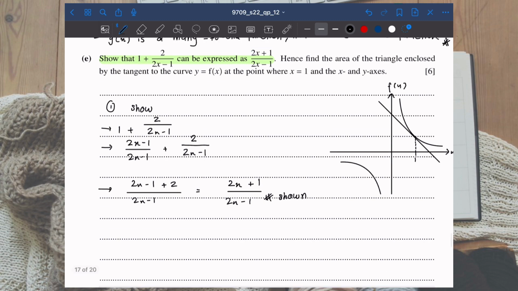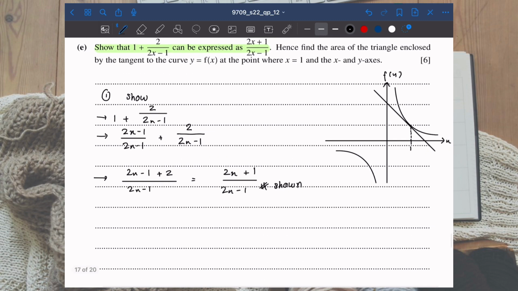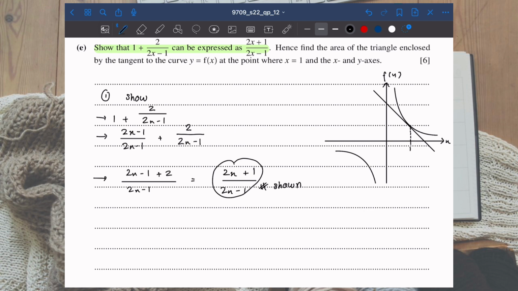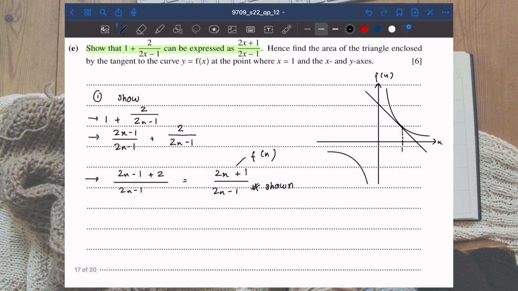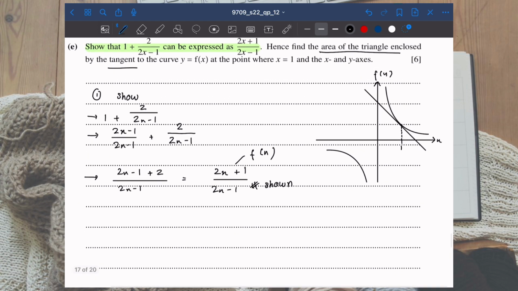So if you recall earlier, this expression or equation was f of x. The question wants us to find the area enclosed by the tangent. So if you sketch it out, it looks something like this. The tangent to the curve at x equals 1 will give us a triangle.